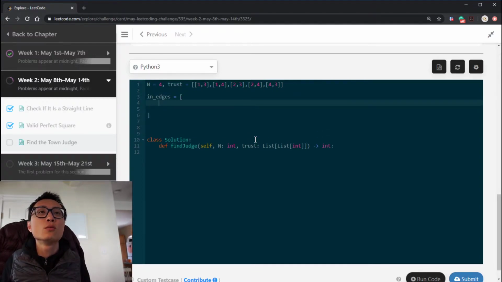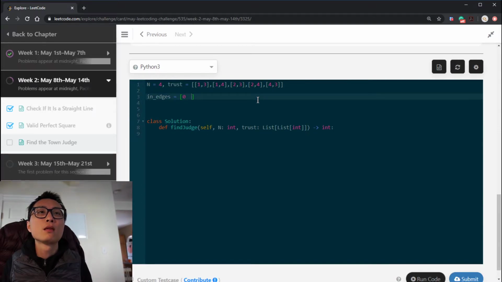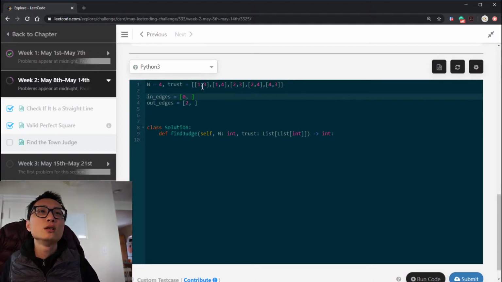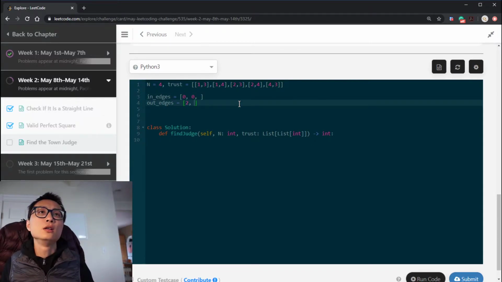For person 1, it's 0, and the outgoing edges for person 1: we have 1, 3 and 1, 4, so that's 2 for person 1. For person 2, the incoming edges are 0 as well, and the outgoing edges from person 2 are 2, 4 and 2, 3, so it's 2.